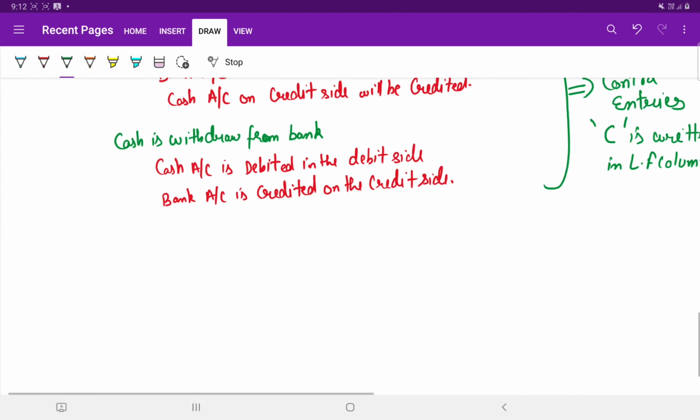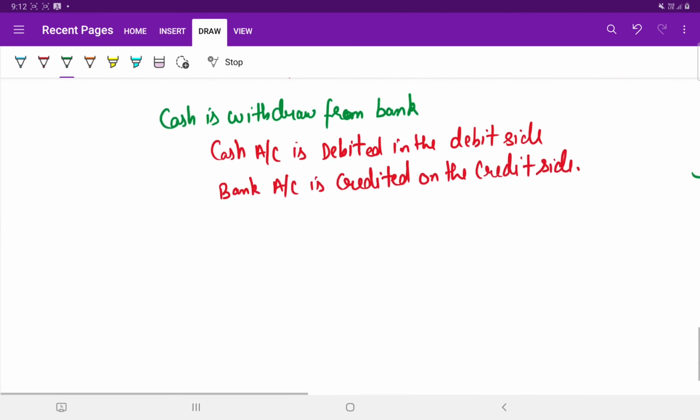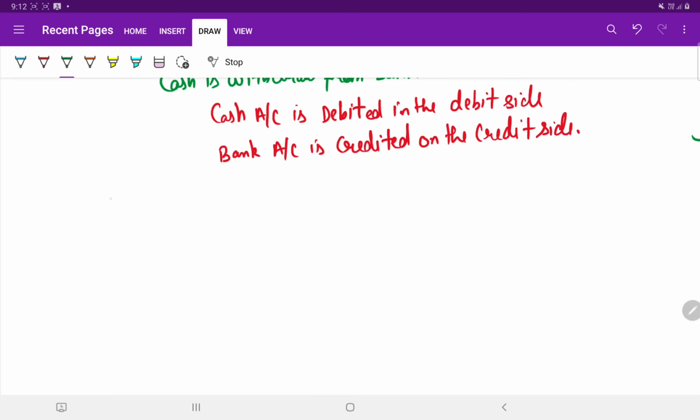Now what if a check is being received? So now let us consider the case of a check. Now when a check is received from the customer, it means the payment is through the check.